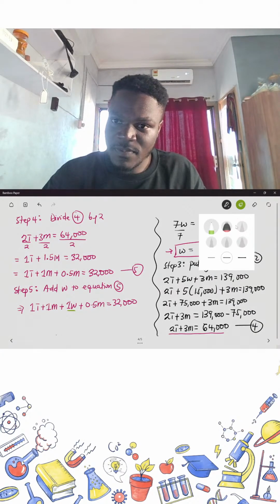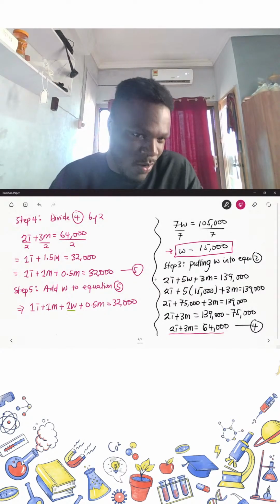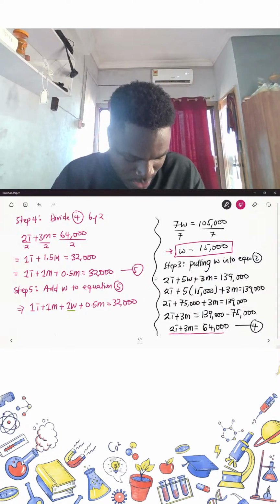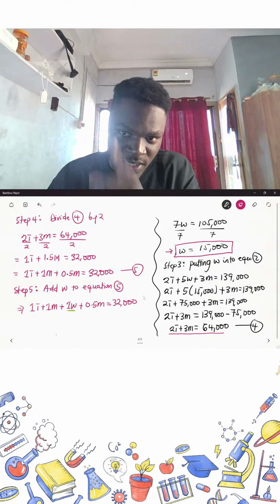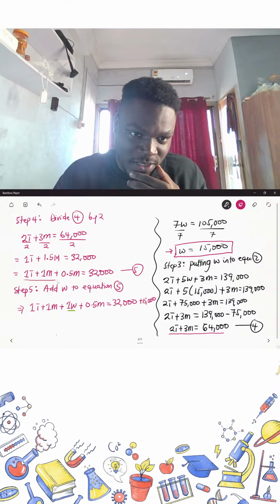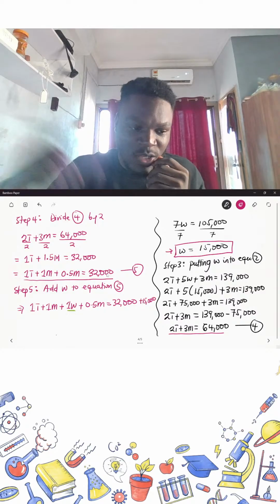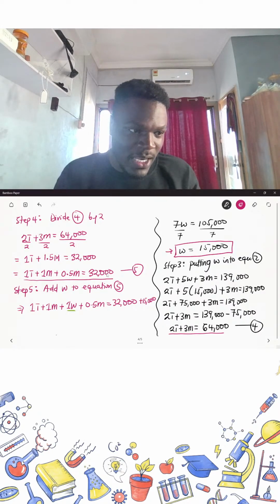Now remember that the W, like I said, is 15,000. So once we've added the 1w over here, we have to add the 15,000 to this side as well to make it balance. Are you understanding me? What you do to the left hand side, you do to the right hand side.